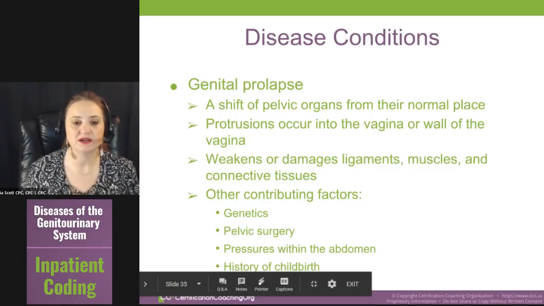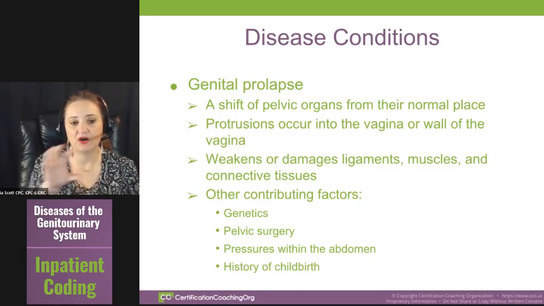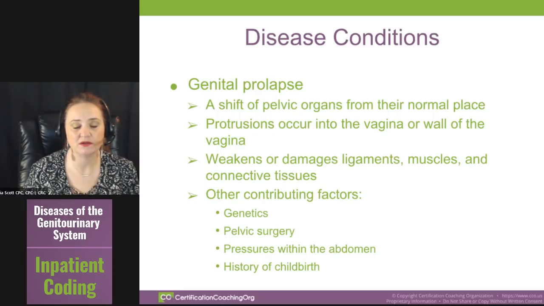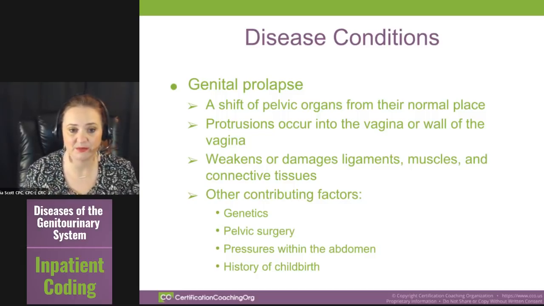Another condition is genital prolapse. This is where all of those organs in there start to slip and move. If you have protrusions in the vagina or the wall or the vaginal vault, you can also have weakness or damage in the ligaments and muscles of the connective tissue, so everything starts to slip and hang a little bit.